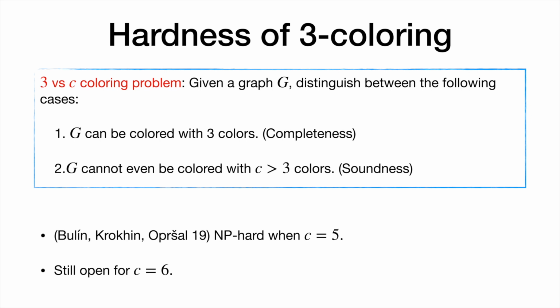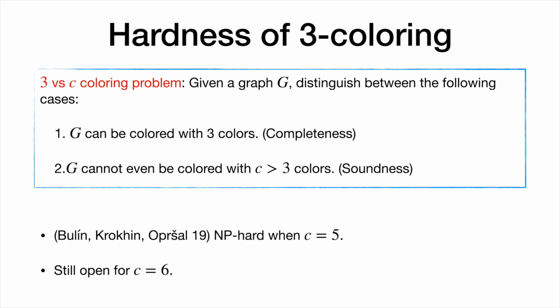So there's a huge gap between the algorithmic front and the hardness front. On the algorithmic front, we can only color with something polynomial in colors, but for hardness we can only show it for 5 colors. So to get around this issue, people have worked on conditional results.